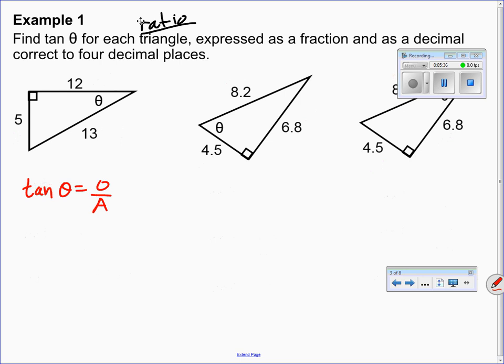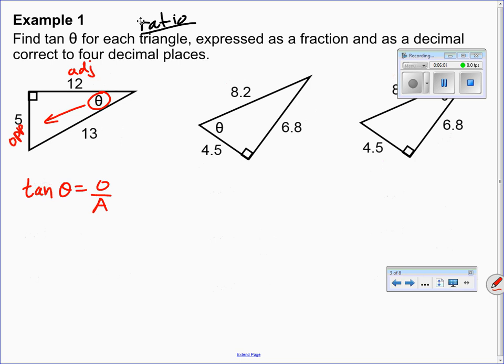Right? Now, what we want to do is label all the sides. So there's my theta. That means this is my adjacent, because it's the side directly beside my angle. And then opposite the theta, this part over here, is my opposite.